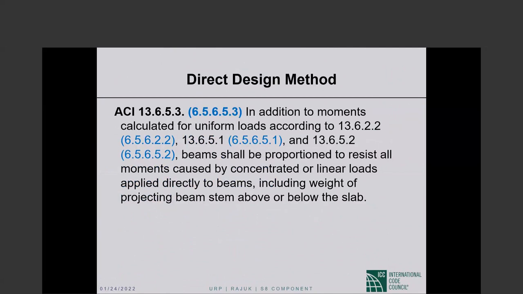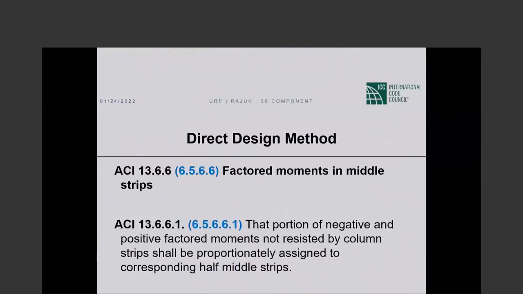In addition to the uniformly distributed loads we are dealing with, beams shall be proportioned to resist all moments caused by concentrated or linear loads applied directly to beams, including weight of projecting beam stem above and below the slab.